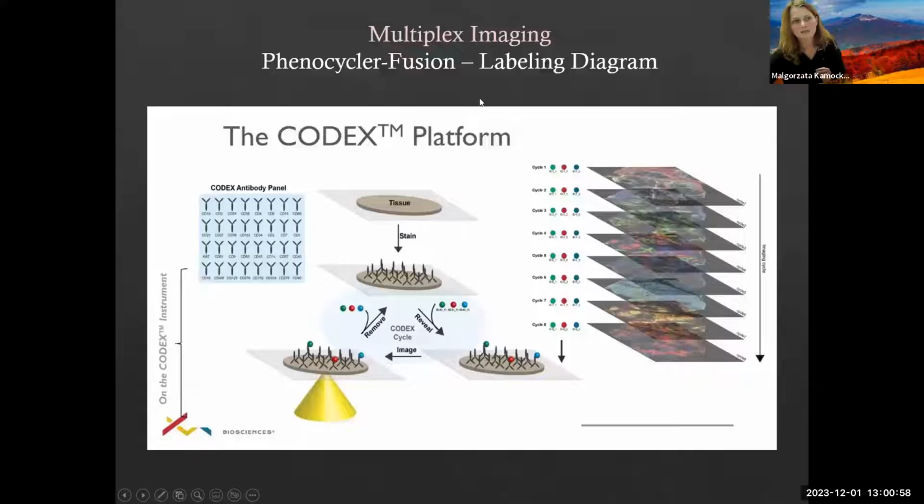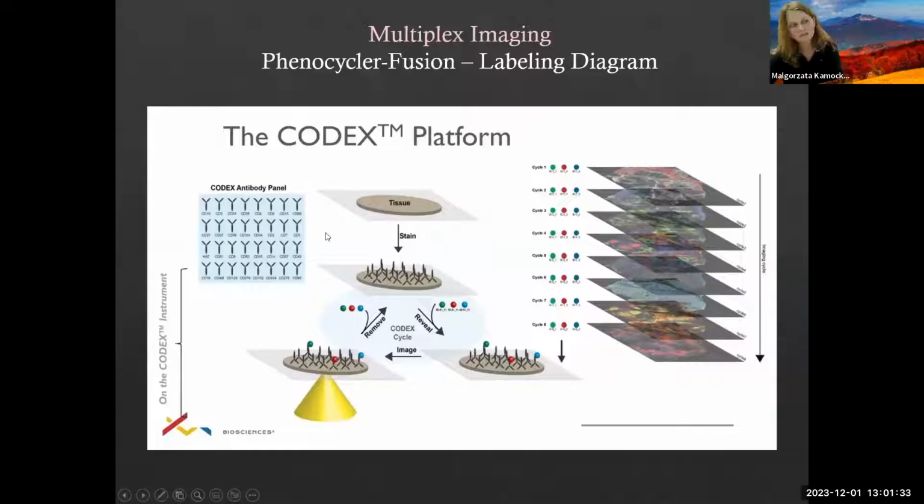So the PhenoCycler Fusion systems, and we have 2 of them, allow you to set up an antibody panel and image by cycles of labeling, imaging, and stripping. You can image in each cycle 3 fluorophores, 3 antigens. So on the same piece of tissue, you can look for probably around 80 antigens at the moment.